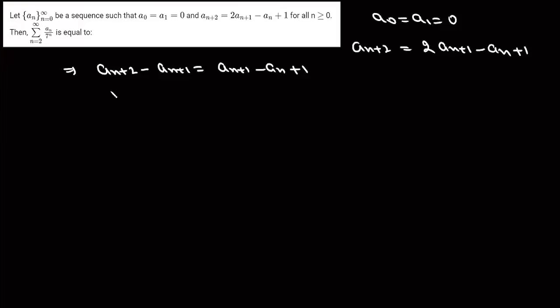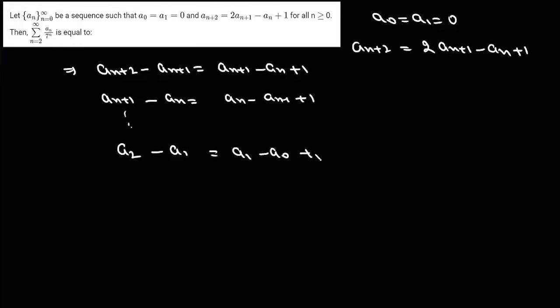Now if we put n as n minus 1, we can write an plus 1 minus an will be equal to an minus an minus 1 plus 1. I'll continue up to a2 minus a1, and this is equal to a1 minus a0 plus 1. Now if we add them all up, these terms will cancel.